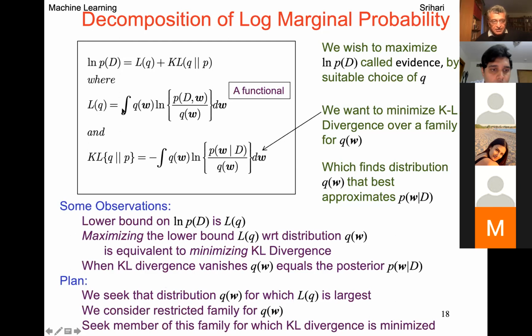L(Q) is just a measure, a lower bound. I give you a Q and it calculates L(Q), which involves the data and the form of Q and P. We consider a restricted family for Q(W) and seek the member of this family for which this KL divergence is minimized. Member of this family means some version of binomial, some version of the other one we saw.